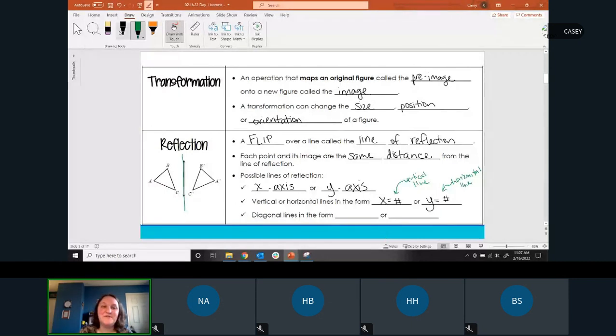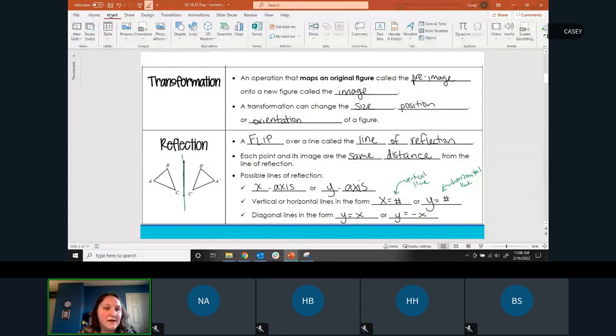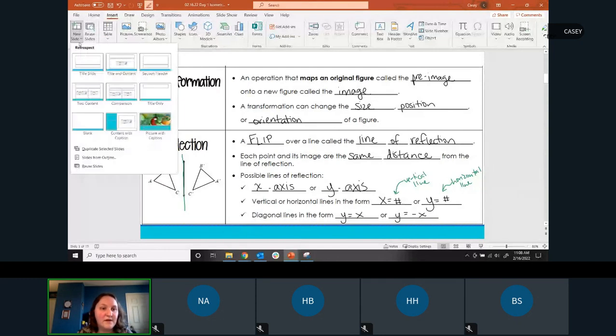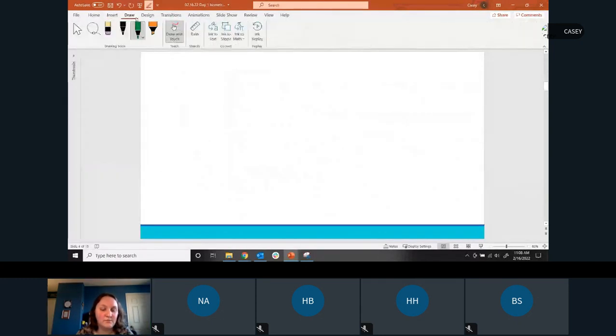And then another type of line of reflection could be a diagonal line. The only diagonal lines we're going to cover in this class are y equals x or y equals negative x. If you don't remember what those look like when you graph them, I'm going to show you roughly.